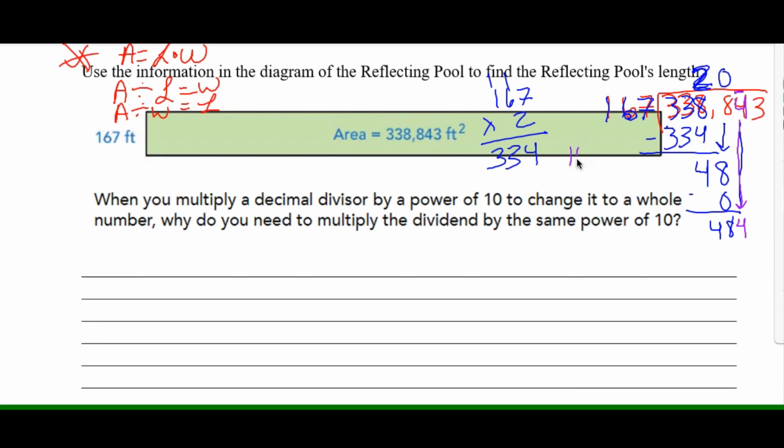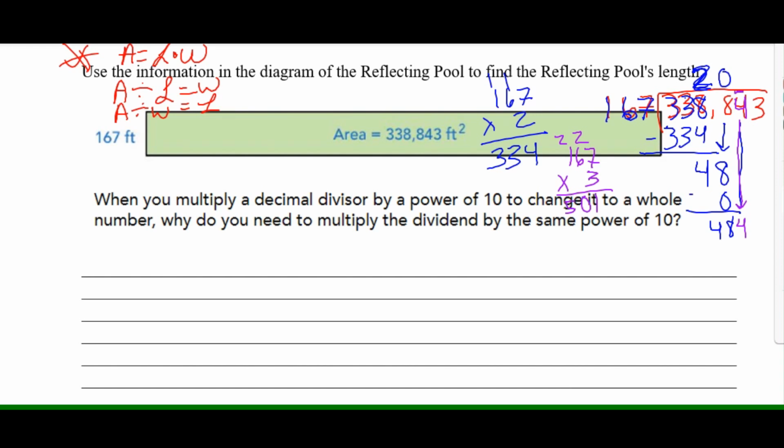So I'm going to try 167 times 3 just in case. So we have 7 times 3 is 21. 3 times 6 is 18 plus 2 is 20. And then we have 3 times 1, which is 3 plus 2, which is 5. That is too high. So I know 167 times 3 is too high. So I'm going to go with the 2.